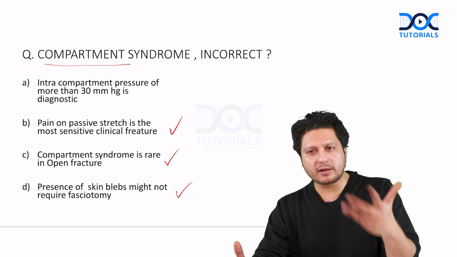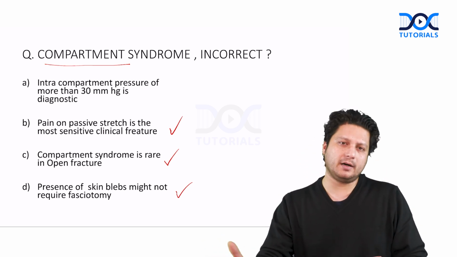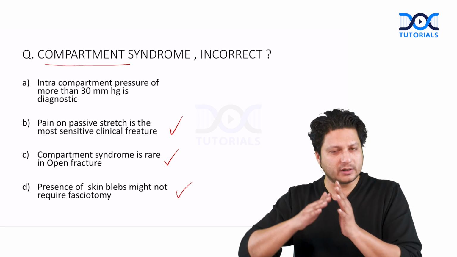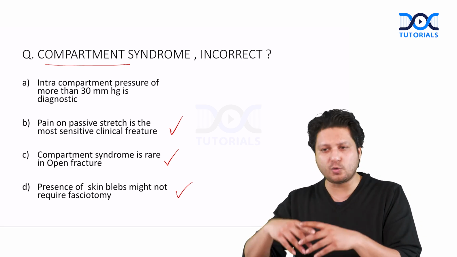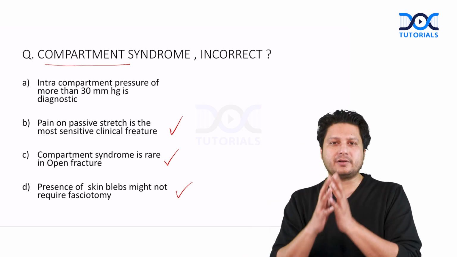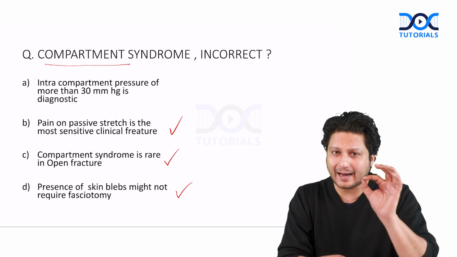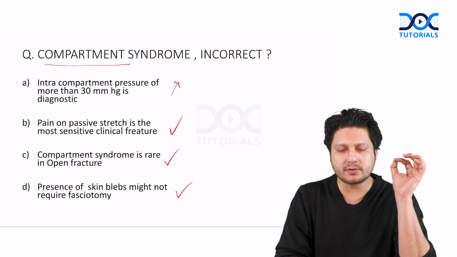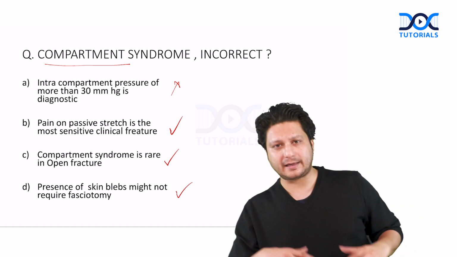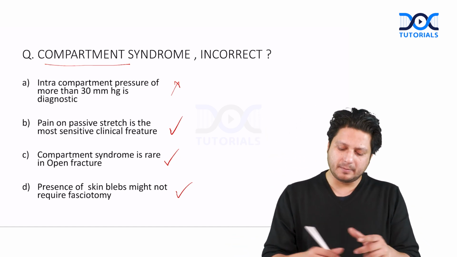Now, in the majority of the texts, you might have heard that intracompartmental pressure, if it is more than 30 millimeters of Hg, it is diagnostic, you have to go for fasciotomy. It is considered to be the indication for fasciotomy, but actually it is not the correct indication. The correct indication is calculated by the mean arterial pressure.